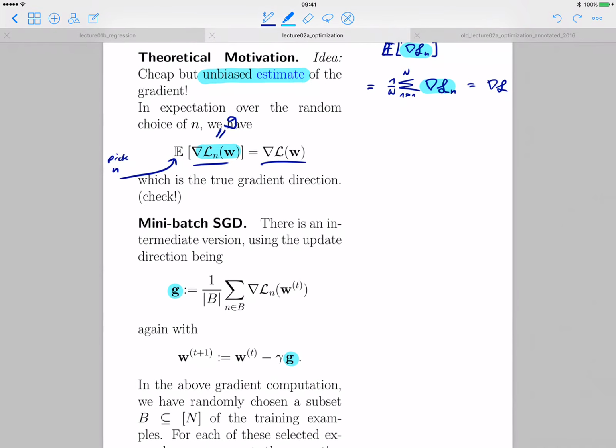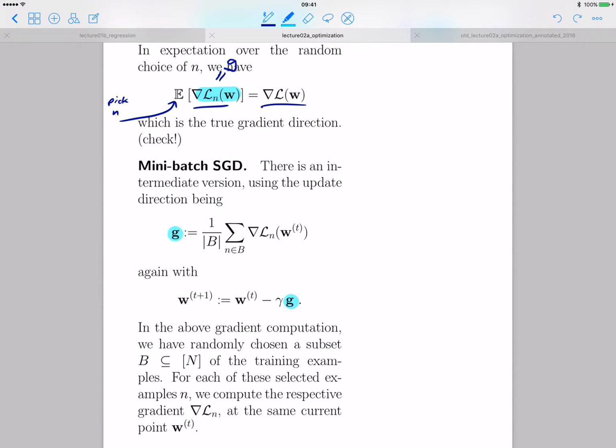So here is that algorithm. It looks a bit like the old gradient descent. So first, imagine that you would do this sum here. So these are the n's that I pick. So for example, you could pick all the data examples. So this set B is a set of points, right? So I can pick all the data points if I want.